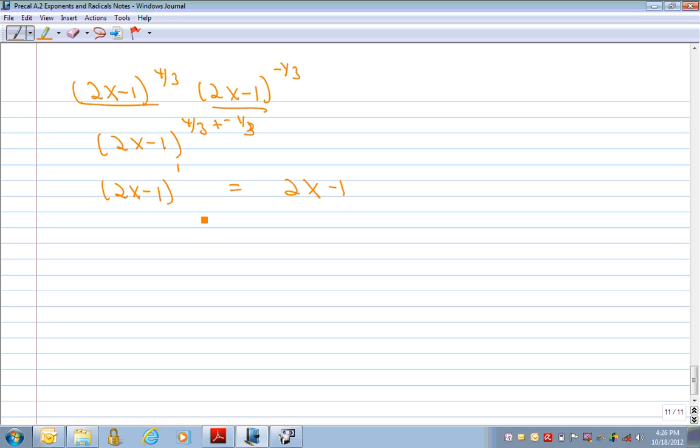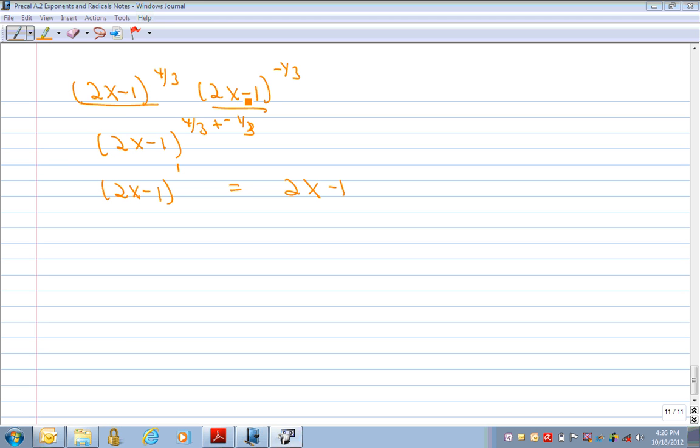Now, one thing that's really, really important. You have to be careful, because these factors to powers, you can't have this. If you go back and look at the beginning of all your properties, this is true.